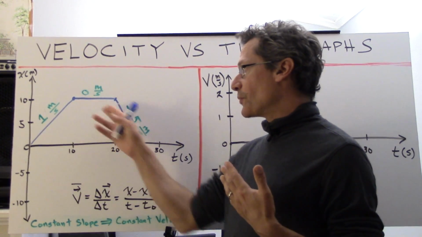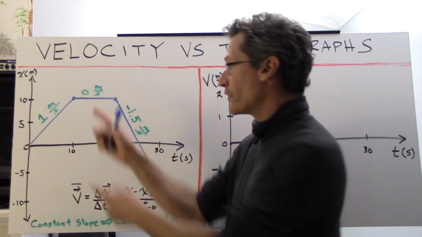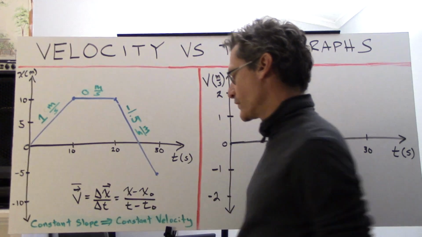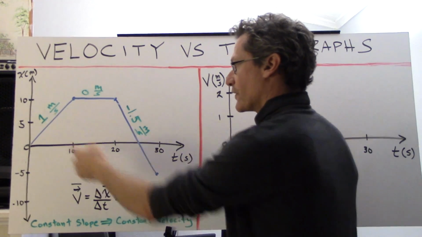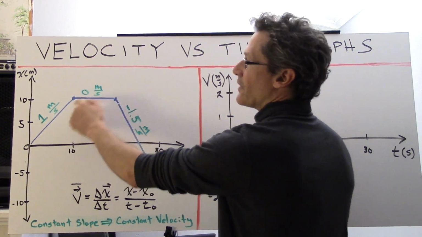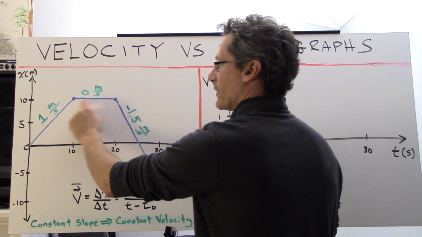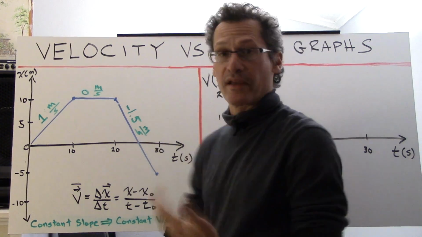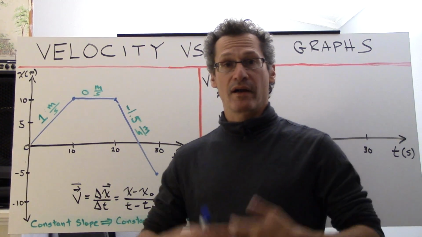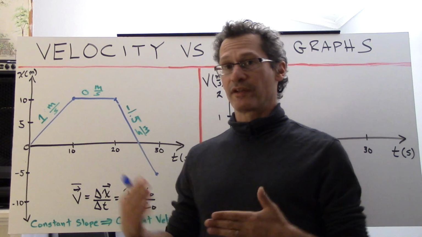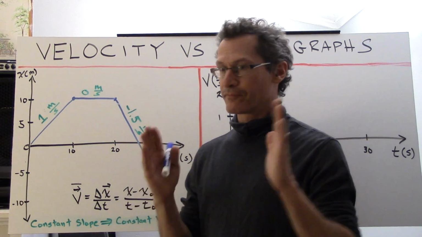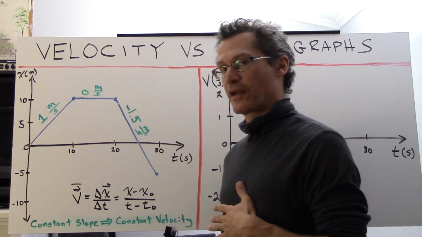Because each of these slopes is constant within its respective time interval, that also implies constant velocity here, then it changes, but it's constant velocity over here, and then it changes again, but it's constant velocity over here. So the intervals themselves are constant, even though we have multiple intervals, and of course we have, as a system, an overall change. But constant slope is constant velocity.